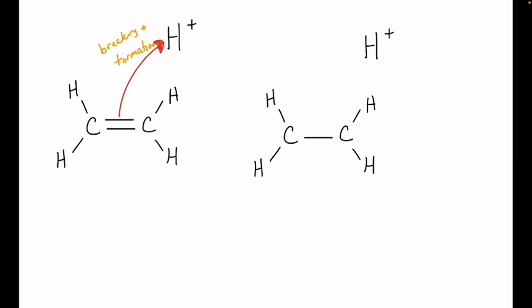I have this bond here, but it's going to be broken, and now I'm going to drag this over and create a new bond between the carbon and the hydrogen. So I broke this existing carbon-carbon double bond, and now I've formed a new bond between carbon and hydrogen. It's both of these all in one shot.